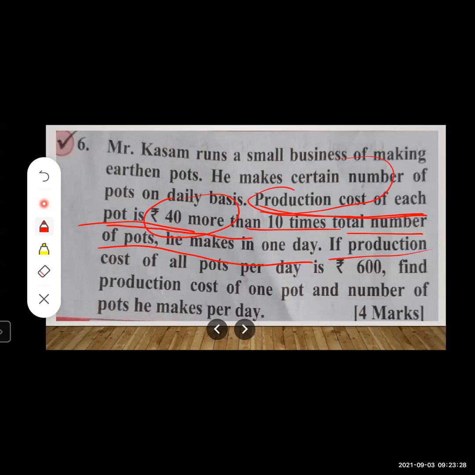What will be the next condition given over here? The production cost of all the pots per day is rupees 600. Now what is given over here? Production cost of all the pots. In the first line, what have we found out? Production cost of one pot only.